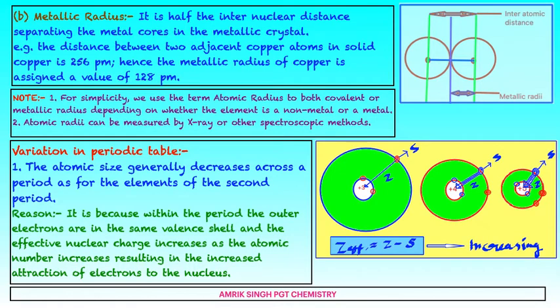The effective nuclear charge is increasing due to the increase in inward pull by the nucleus, because the inward pull was plus 3 in lithium and plus 4 in beryllium. In the same way boron is plus 5, and size will decrease. On moving left to right, size decreases due to increase in effective nuclear charge.